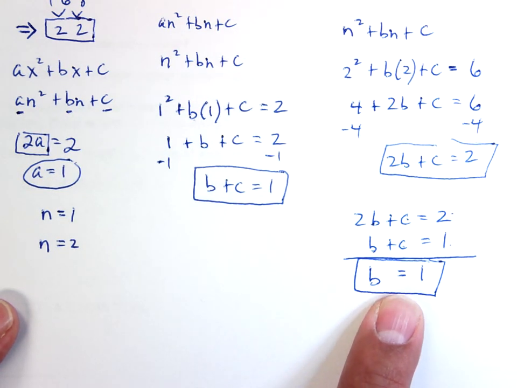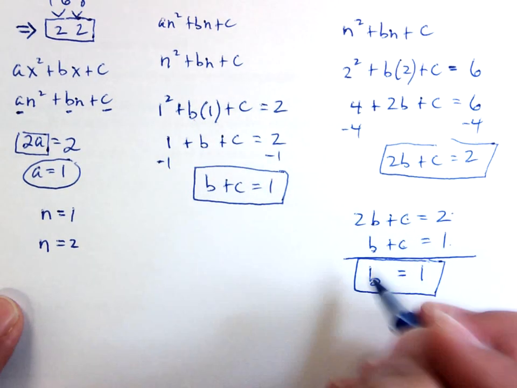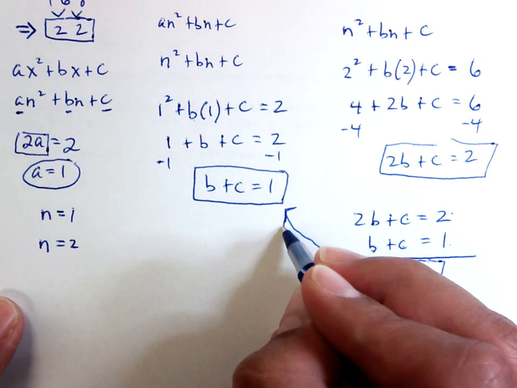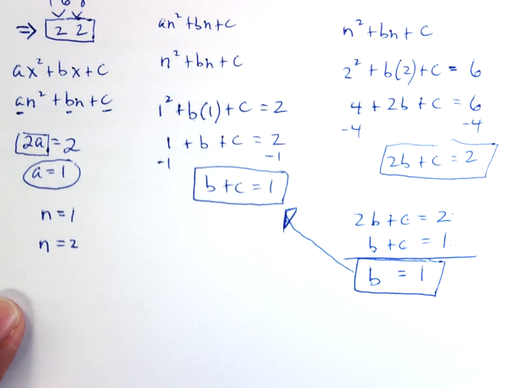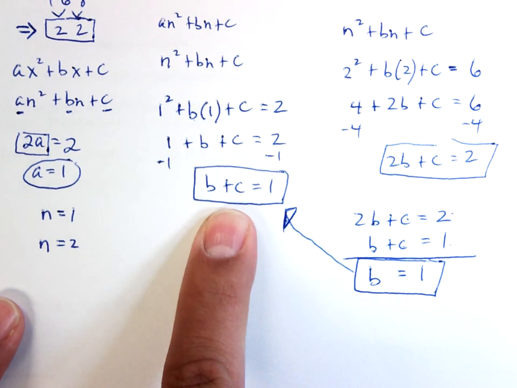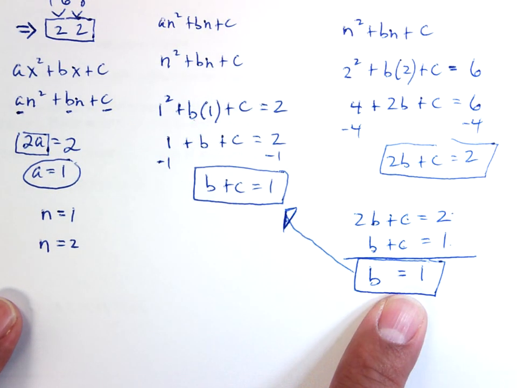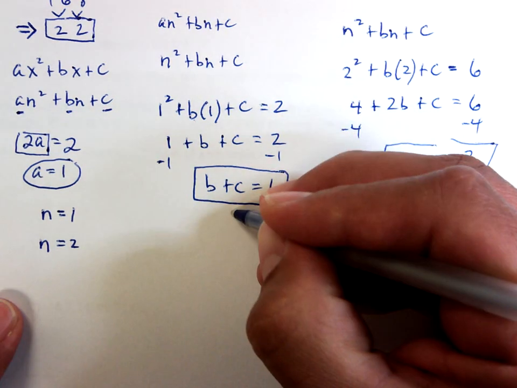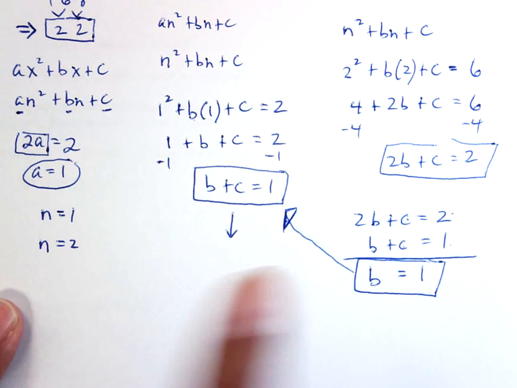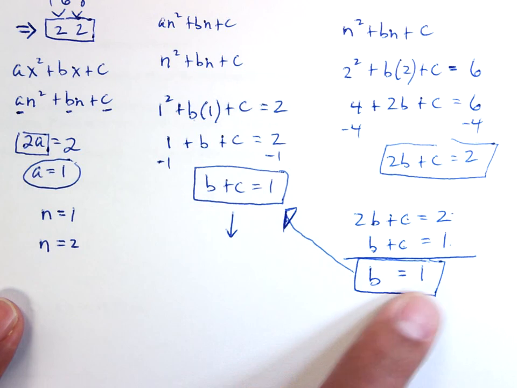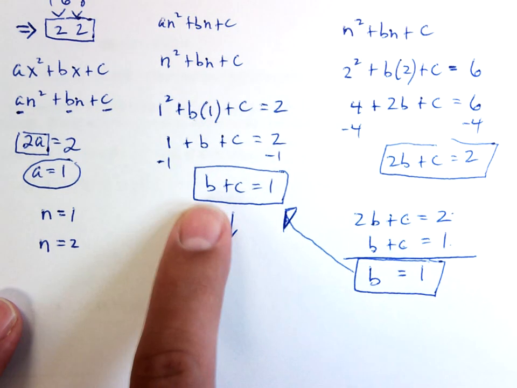And the easiest way to get it is to go right back into this equation right there. I already know that b plus c is equal to 1. But now I know that b is equal to 1. So I'm going to use this same equation, but instead of putting b, I now know that b is 1. So I'm going to put the 1 in for the b.